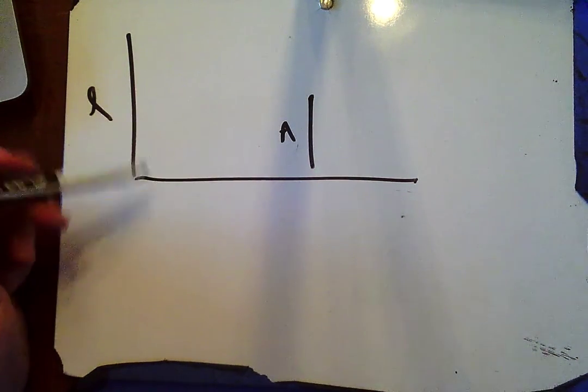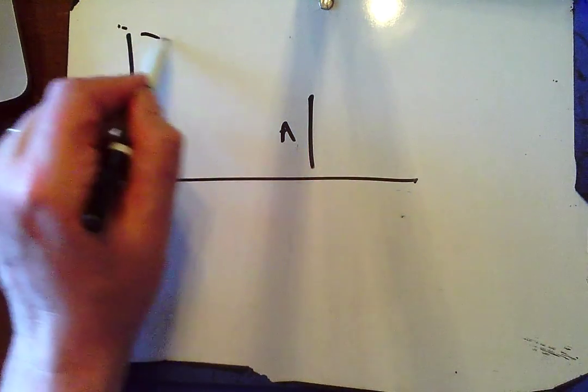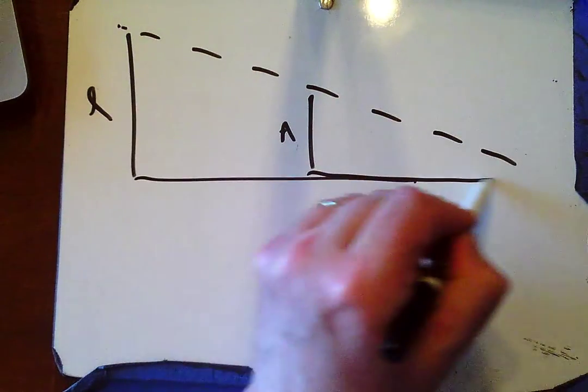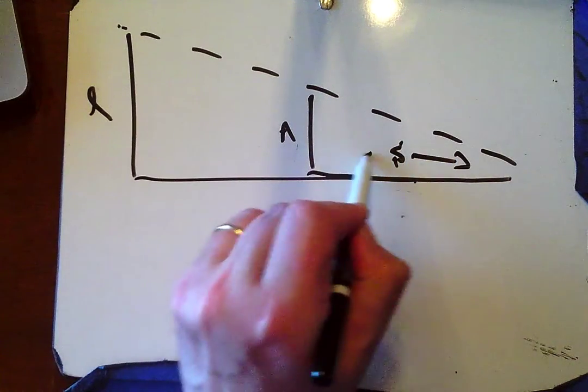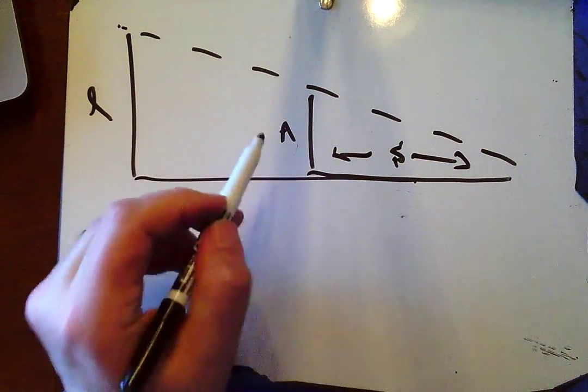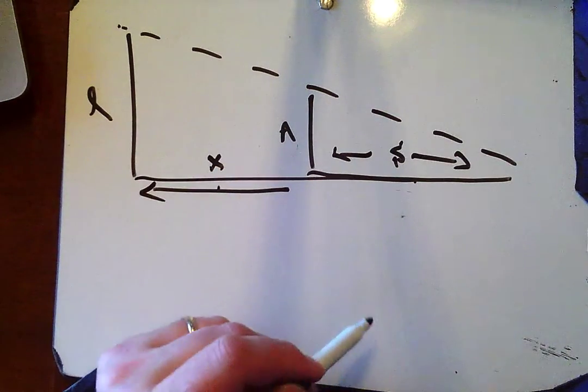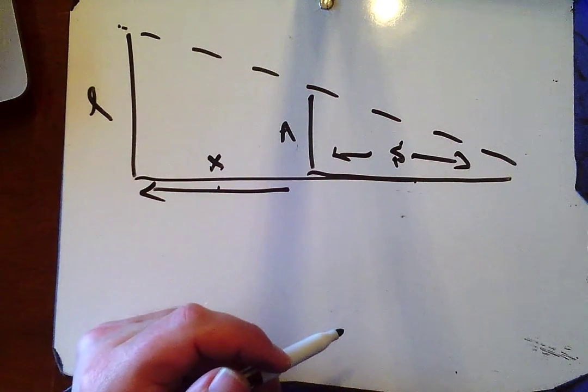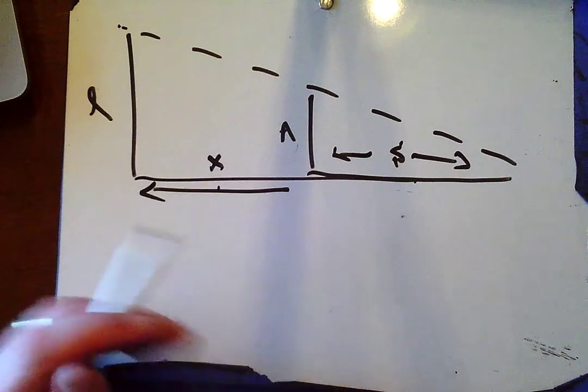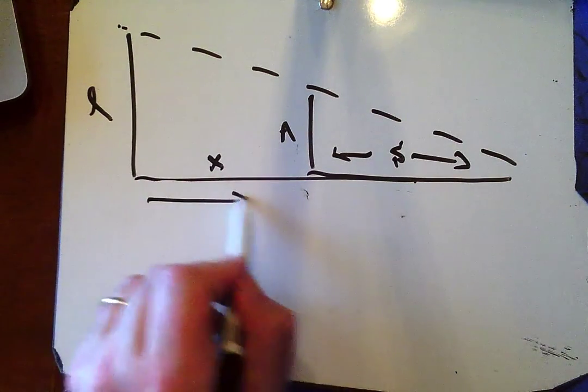Well, isn't that interesting? So the shadow is this. This is where the shadow is. And the ant, let's call this x, the ant is moving, well, I don't know which way the ant is moving, do I? Ant walks away. Ant is going this way.